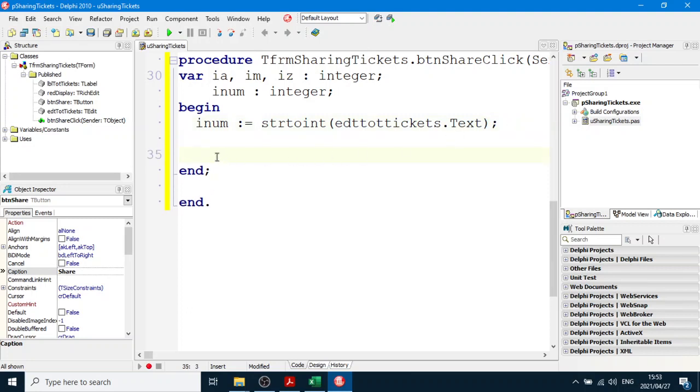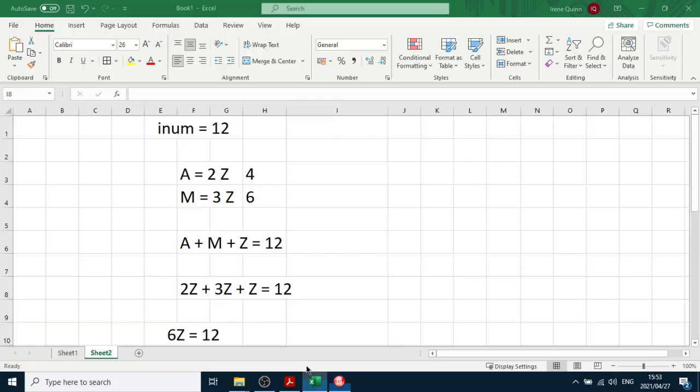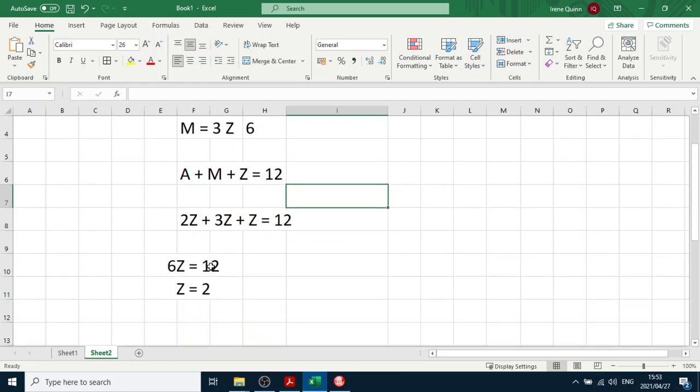Now, Z is not being given any value, so I can't say A equals 2Z, M equals 3Z. So I've got to say 12 equals, well, we've got to divide our 12 by 6 to get the number of tickets that Zane has.